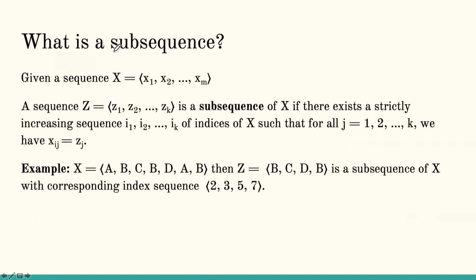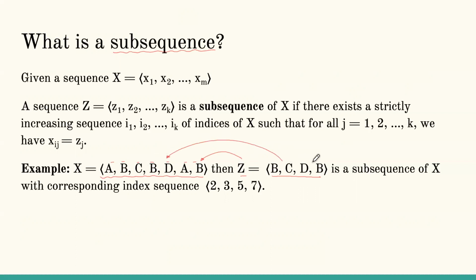Let us also define what a subsequence is. Given a sequence X that looks like this, say for example with characters A, B, C, B, D, A, B, then we say that Z is a subsequence of X if all the characters in Z appear in X in the same order.